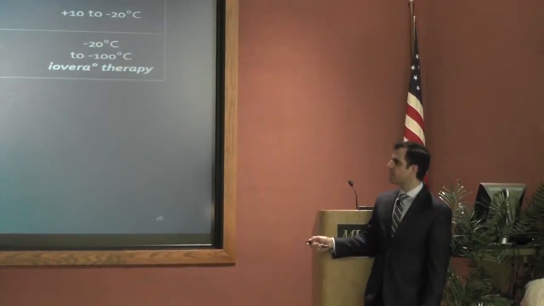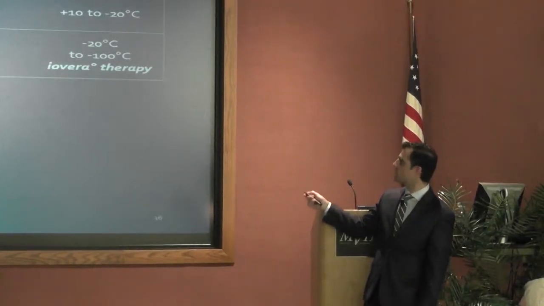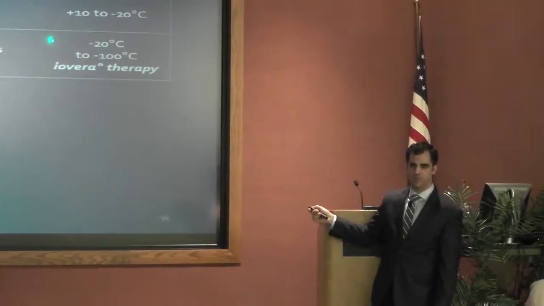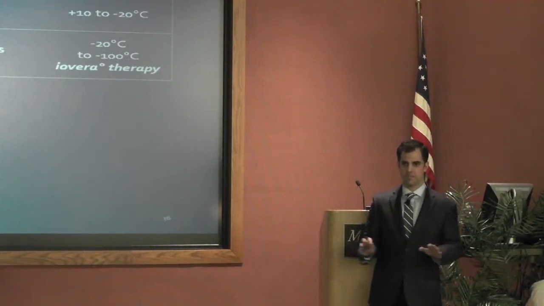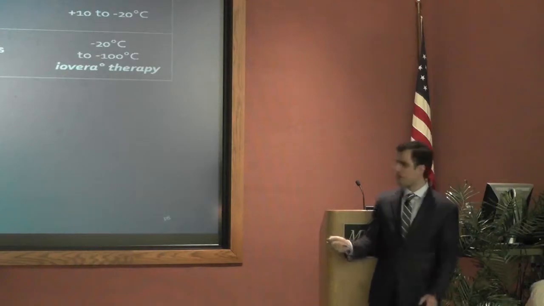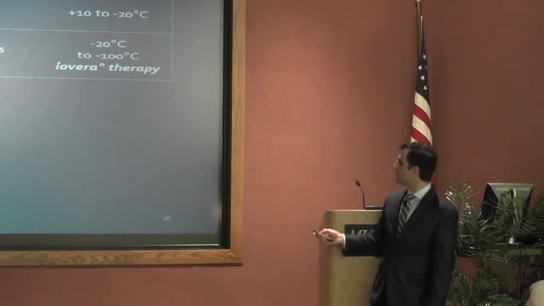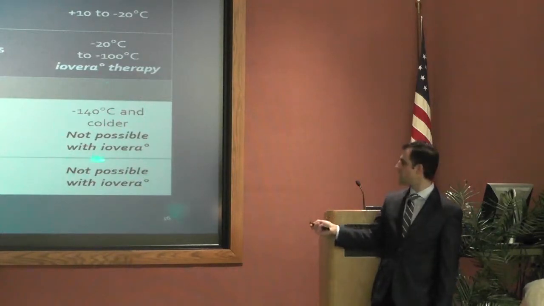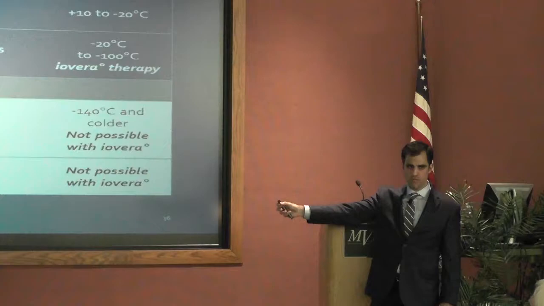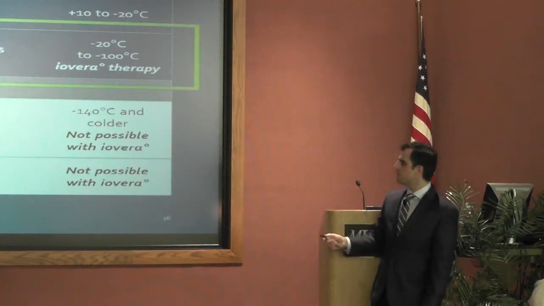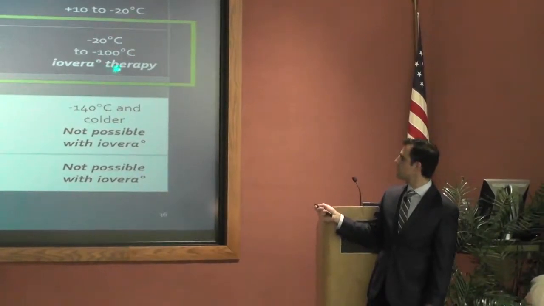First of all, both of these amounts of cold applied to the nerves are reversible, meaning there's no permanent damage to the nerves, as long as you stay in that range of temperatures. When you get to colder temperatures, minus 140, then you get permanent damage to a nerve. The device that we're using is in this range, right here.